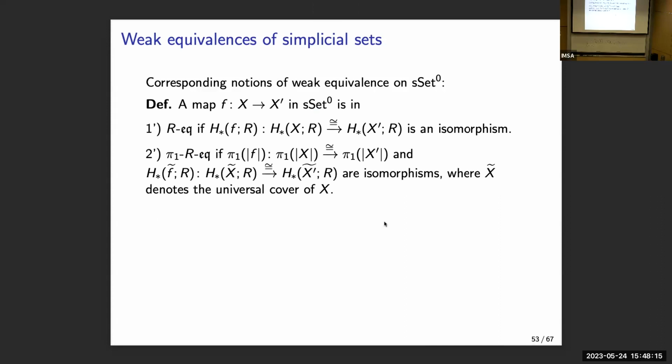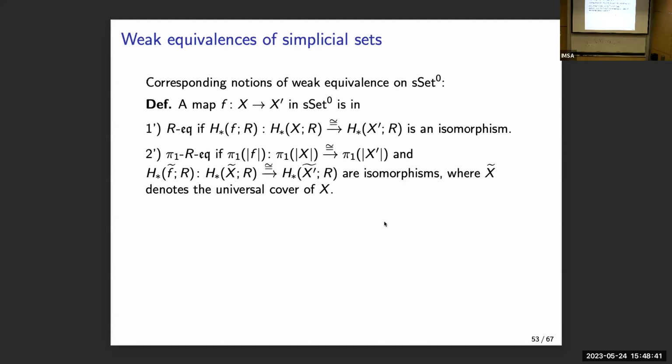And now this is the notion I was just defining. We call pi_1 R-equivalences the following class of maps. It's a map f of simplicial sets that induces an isomorphism on the fundamental group, and it induces a homology equivalence at the level of universal covers.